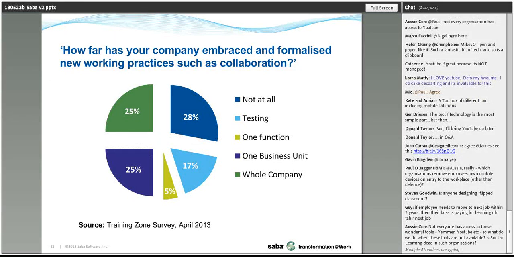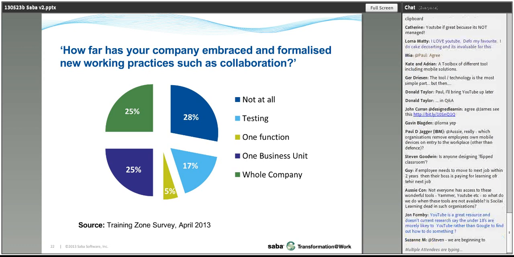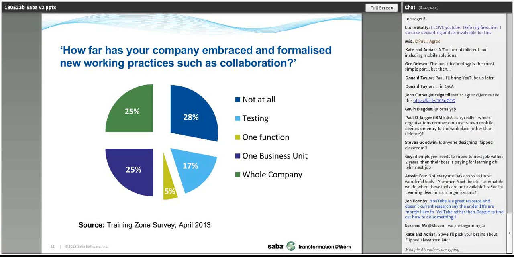So one of the things that we did, we conducted a very brief survey with the Training Zone, which I'm sure some of you are familiar with, and we just asked how far had you embraced new working practices such as collaboration. And I think the interesting thing, and it shouldn't surprise anyone, is that it's a spread between not at all, which was represented by the 28% large blue segment on the top right-hand side, to 25% who had it across the whole company.